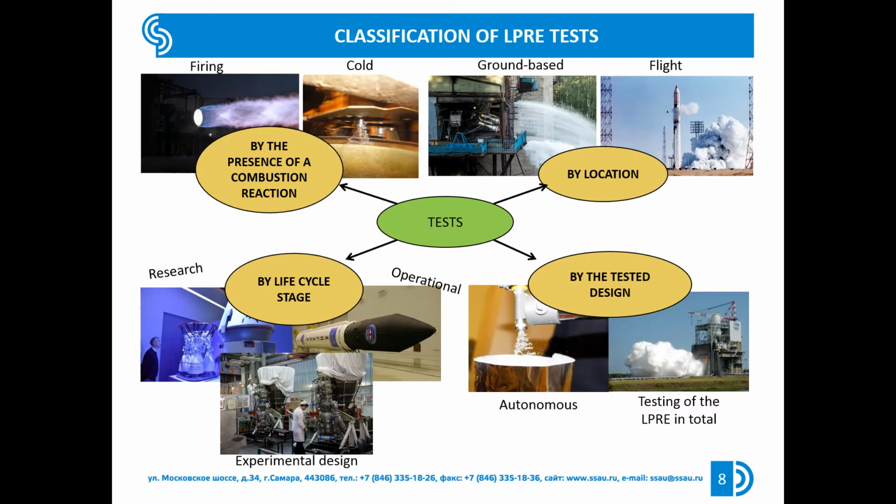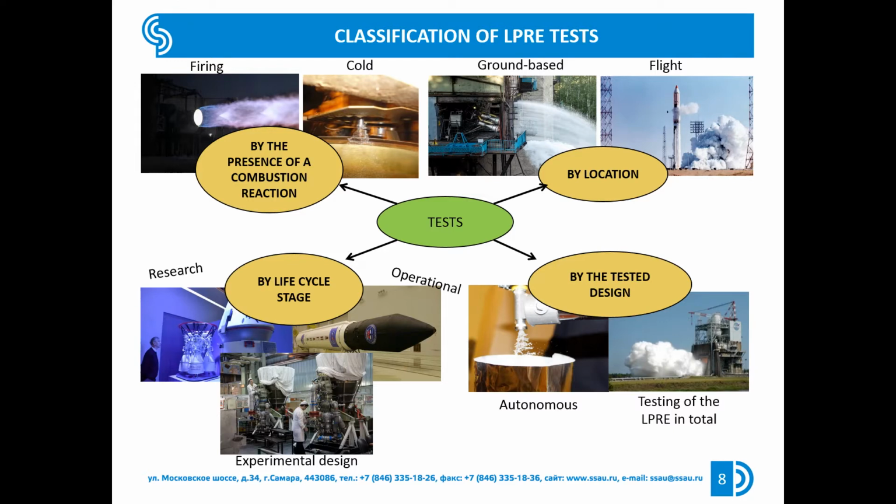LPRE tests and their components can be classified in a variety of ways. First, by the presence of the combustion reaction or decomposition of engine fuel components. All tests of LPRE, as well as their individual components and systems, are categorized into fire and cold tests. Second, they can be classified by location as ground and flight.